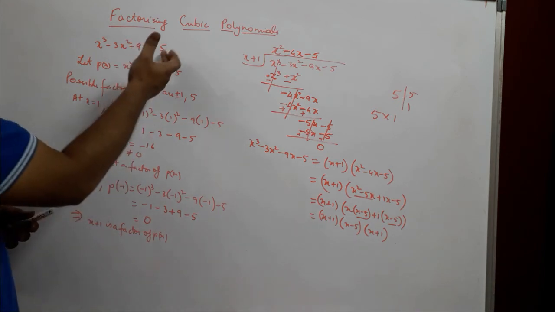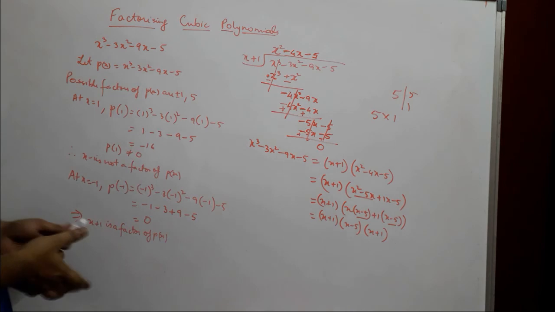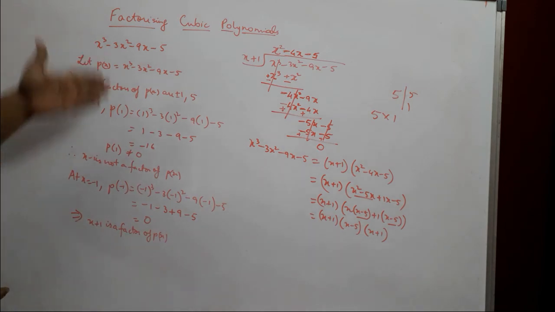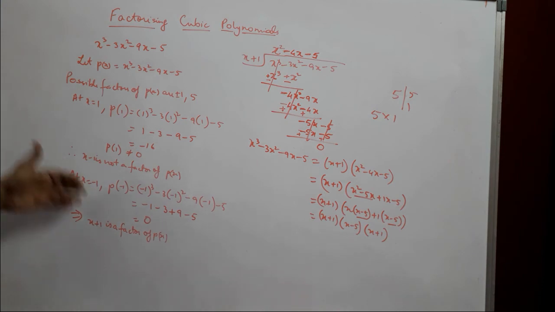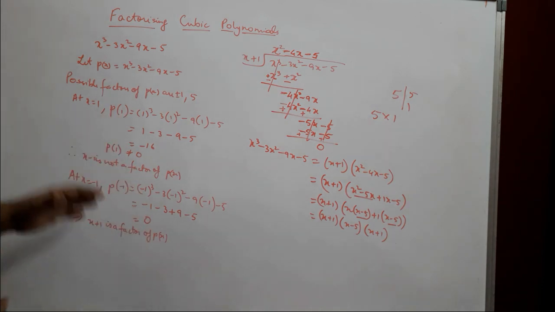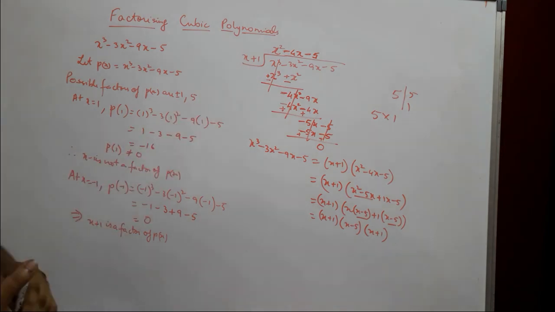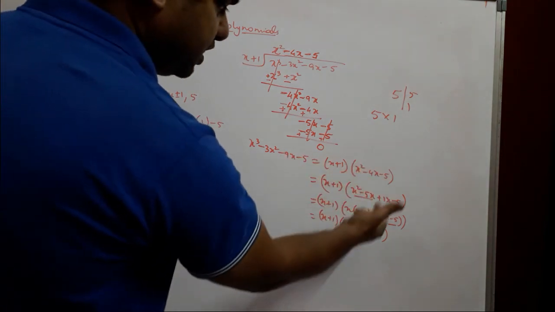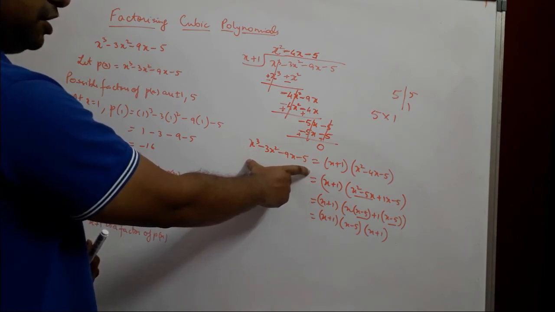Based on the constant that we have, we are just checking which of these may be a possible factor of the given polynomial, and the first factor that we find is more than enough for us to carry out the division, because all these get multiplied to give you this particular polynomial.